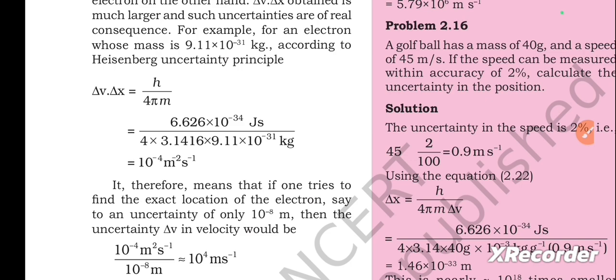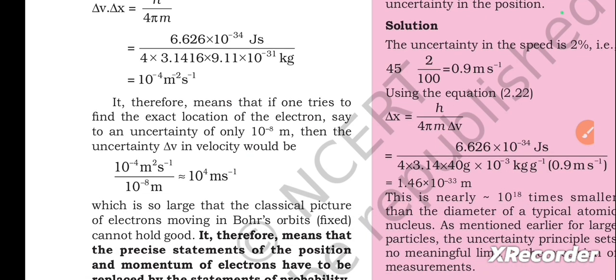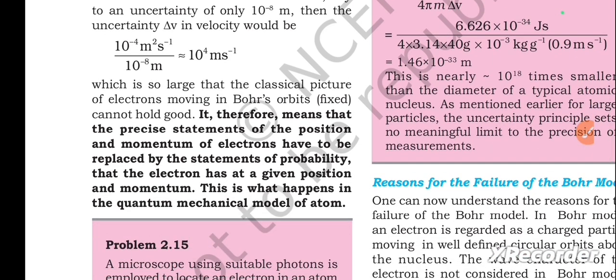It therefore means that if one tries to find the exact location of the electron, say to an uncertainty of only 10^-8 meter, then the uncertainty delta v in velocity would be 10^4 meter per second, which is so large that the classical picture of electrons moving in Bohr's fixed orbits cannot hold good.